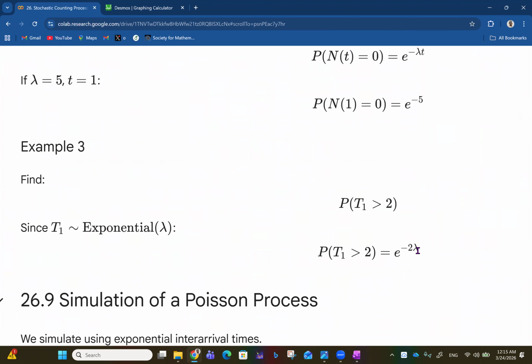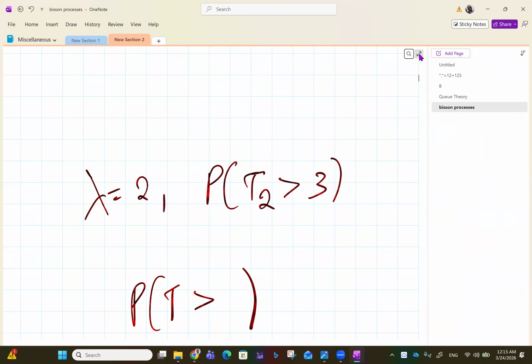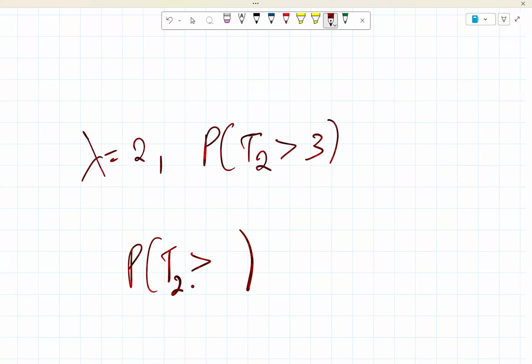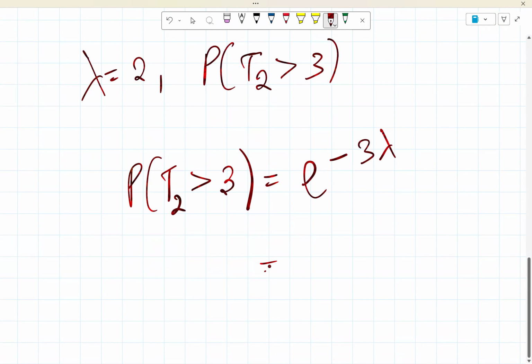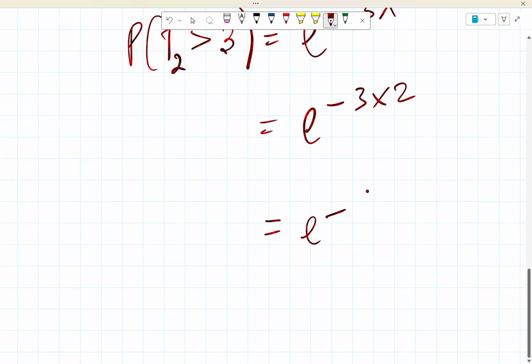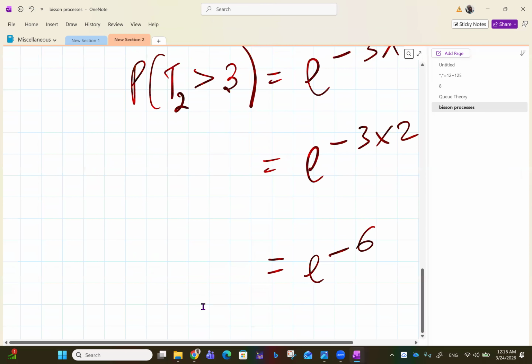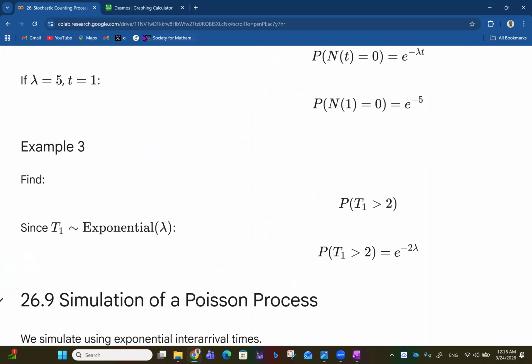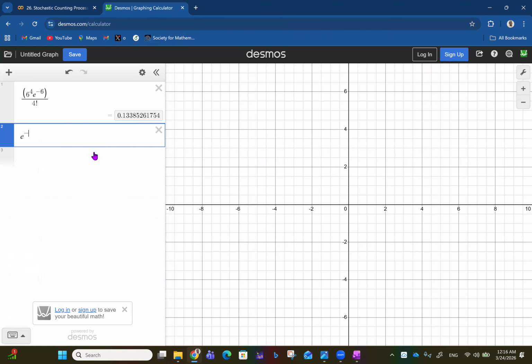That 2 has nothing to do with the particular one. The probability that T2 is greater than some value, 3, should be e raised to minus 3 lambda. Lambda is 2, so that's e raised to minus 6.